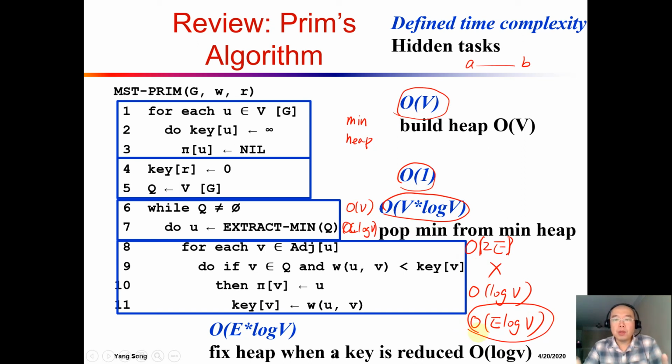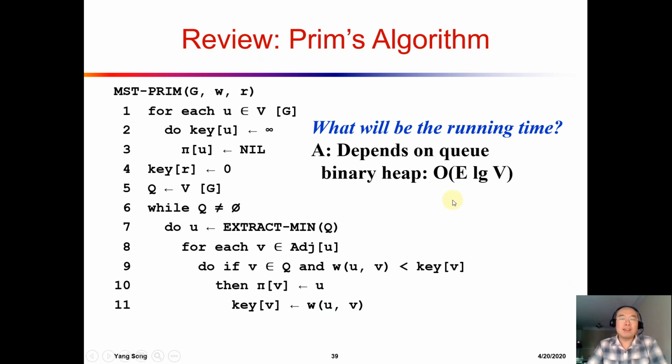If we add all of them together, and assume that E, the number of edges, is at least equal to or higher than the number of vertices, we will have V log V and E log V, and constant time, or V. We pick the most significant part, and we will keep this one. So that is O(E log V), and that is the time complexity of Prim's algorithm.